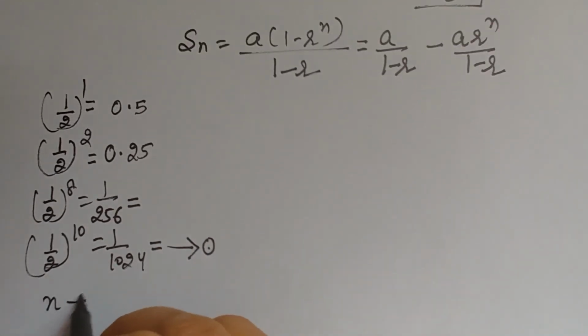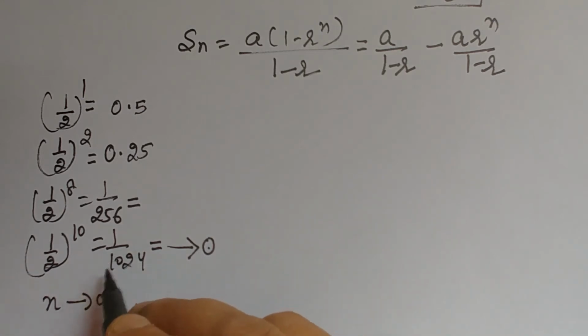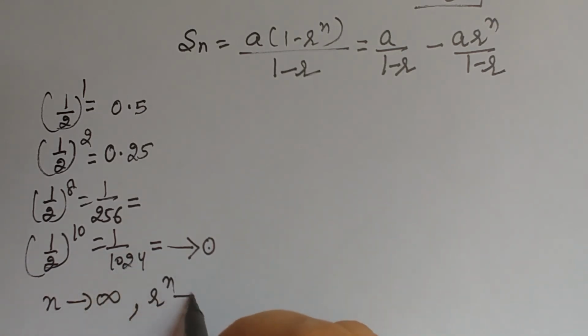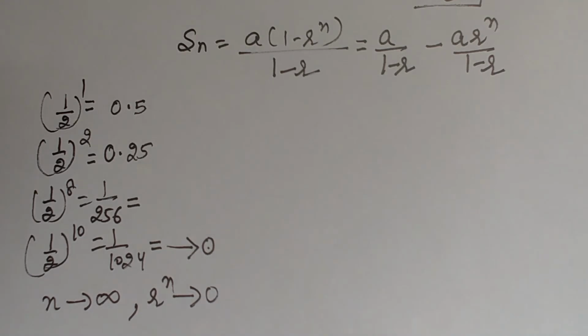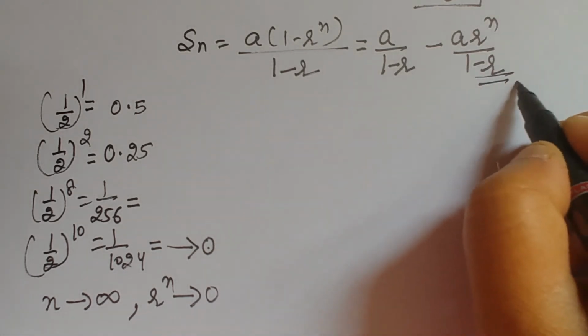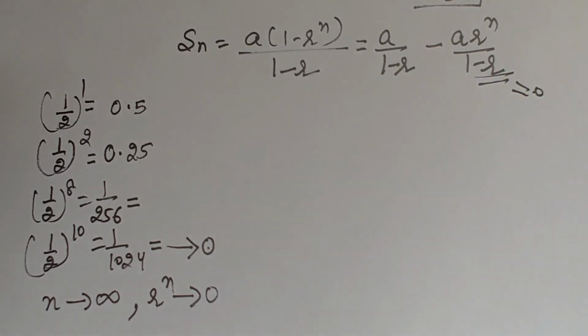As n is leading towards infinity, this r raised to power n is approaching 0. So if it is approaching 0, that means this term will become 0.